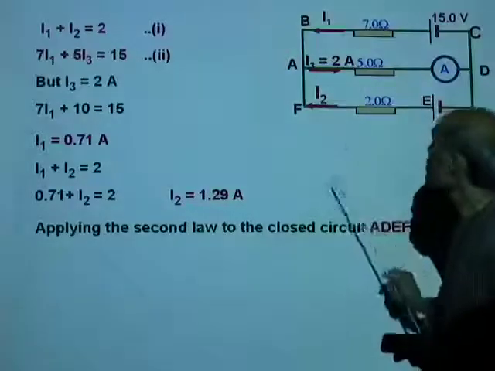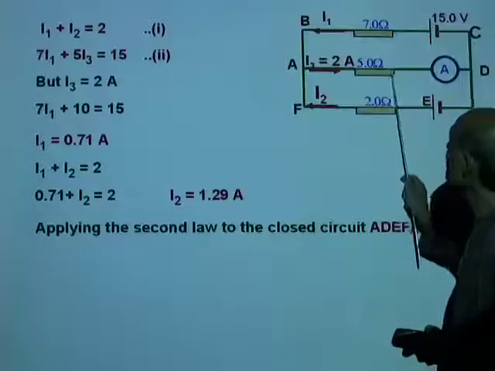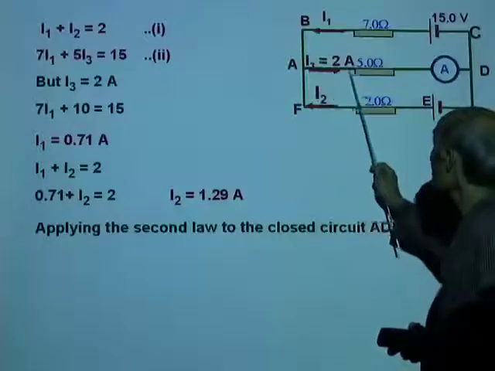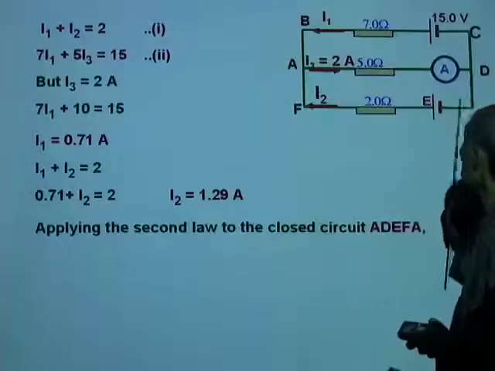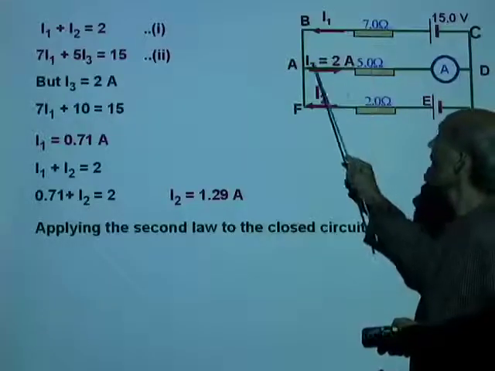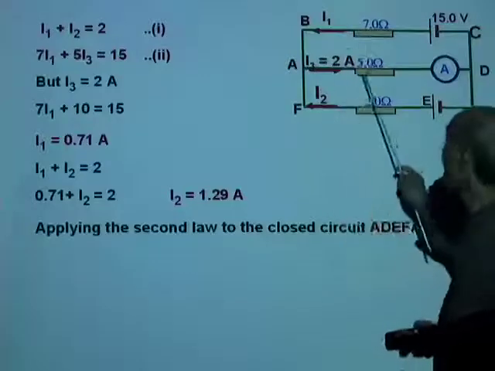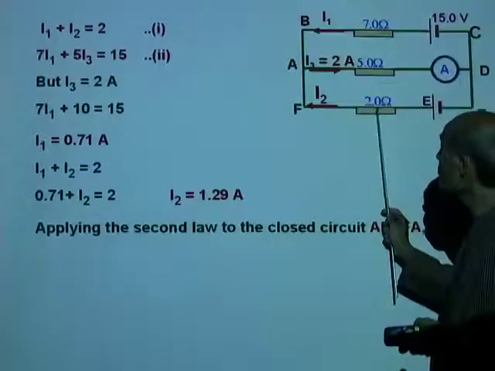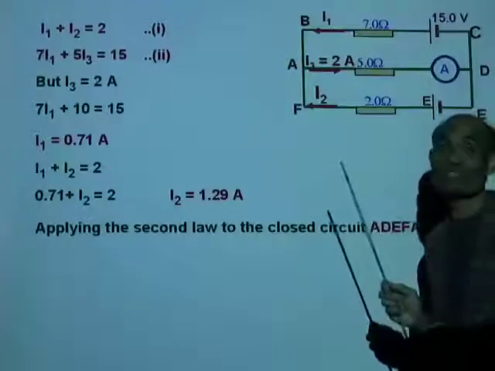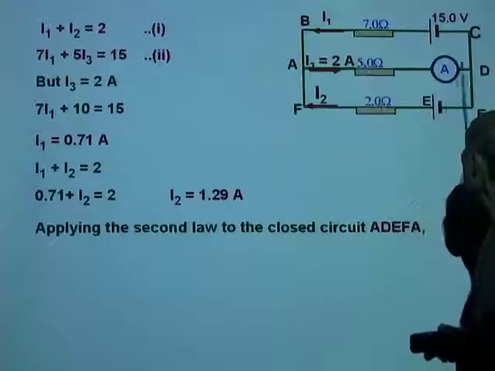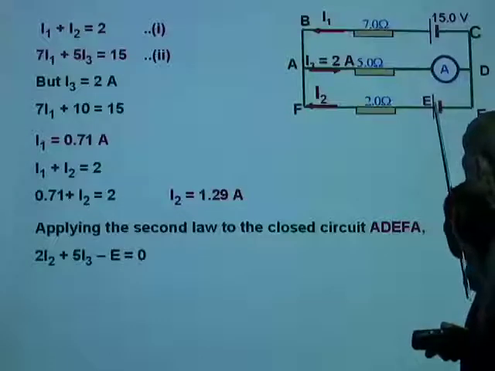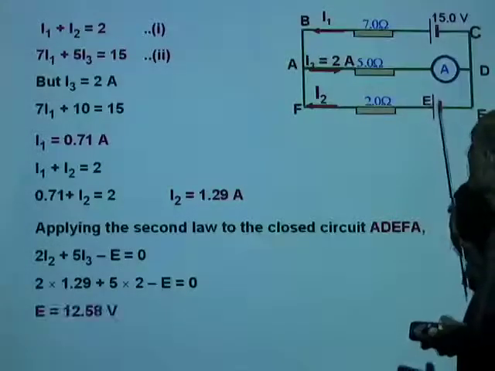Alright, if you now take this loop, tell me what is the potential drop across the 5 ohm now? The direction of the current is the same as the direction of the loop. Therefore, the potential drop across the 5 ohm is 5 times I3. We know I3. And the potential drop across the 2 ohm is 2 times I2. And what is the potential drop across the cell? The loop ADEFA is traced out from negative to the positive of the cell.